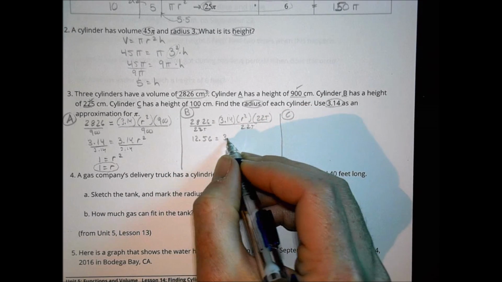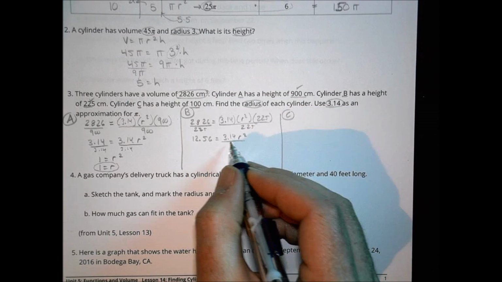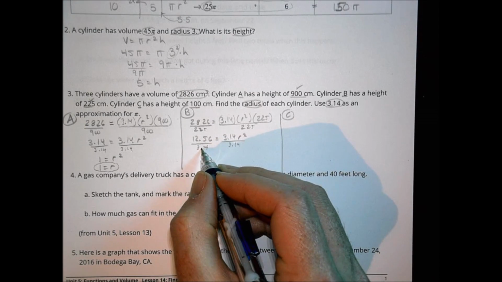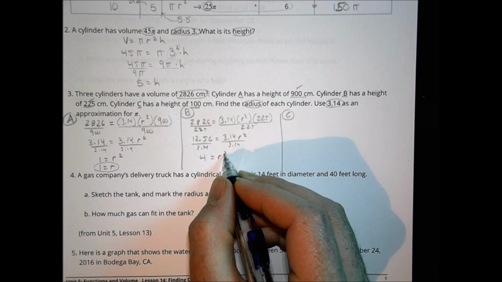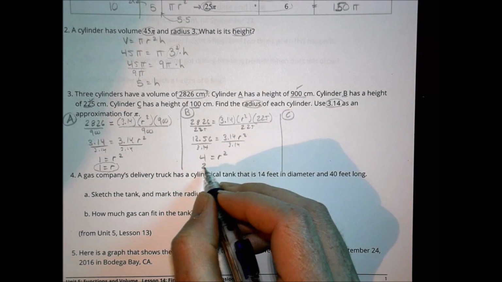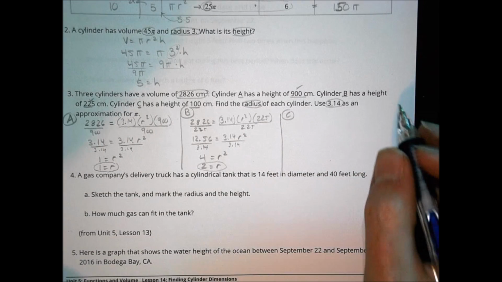That's going to equal 3.14 r squared. Divide both sides by 3.14, and that's going to be equal to 4, which equals r squared. So what number times itself gets you to 4? That's going to be 2. So the radius is going to be 2 because 2 squared is 4.